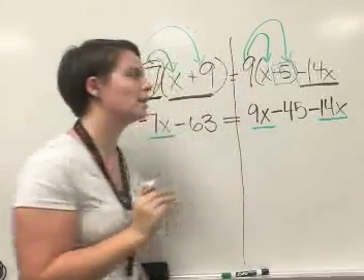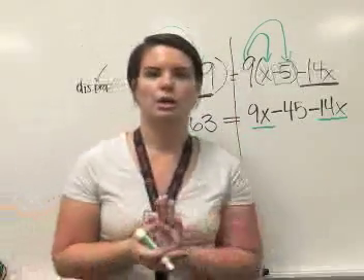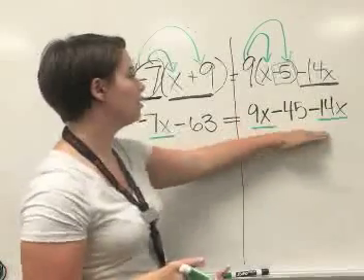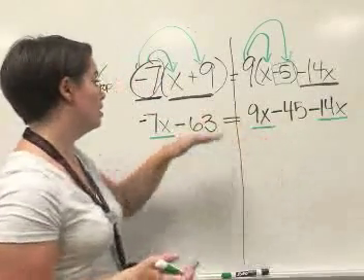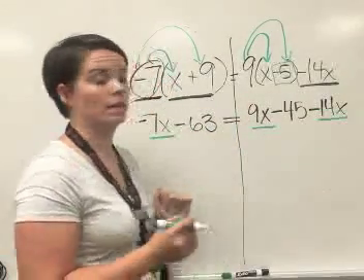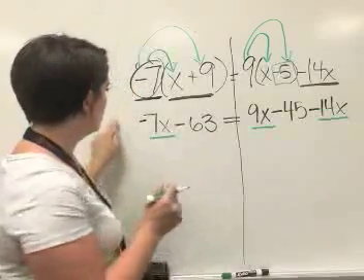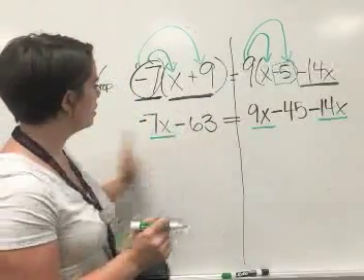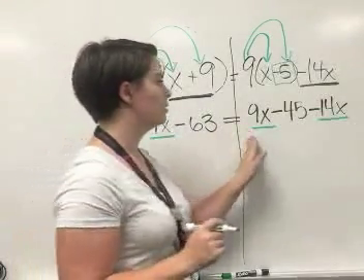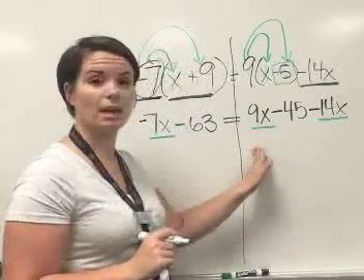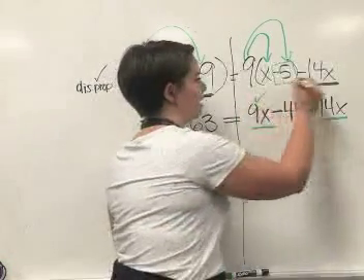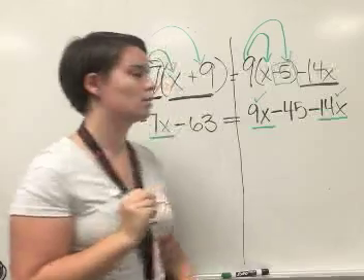But when I combine like terms, I'm talking about anything that is together on one side of the equal sign. That's what I'm going to combine. So since there's nothing to combine on this side, is there something to combine on this side? Yes, I need to combine this x with this x, okay?